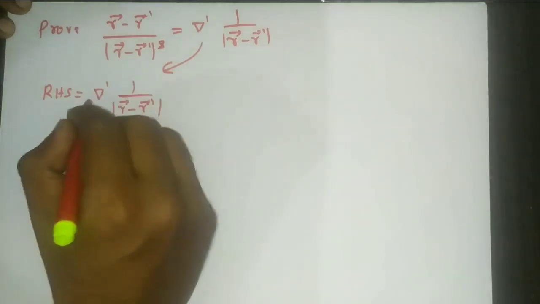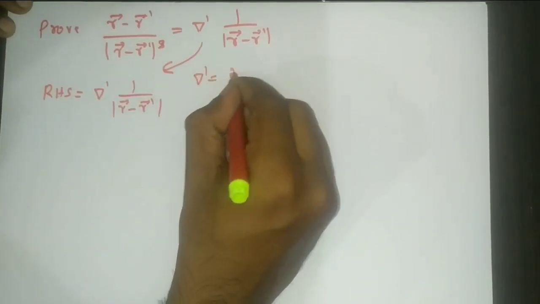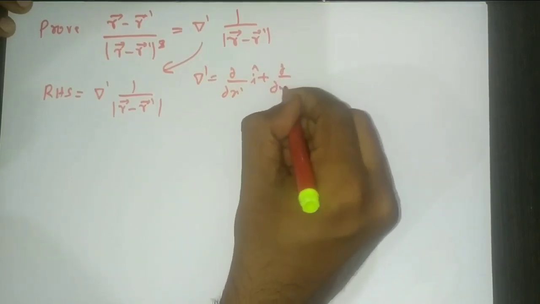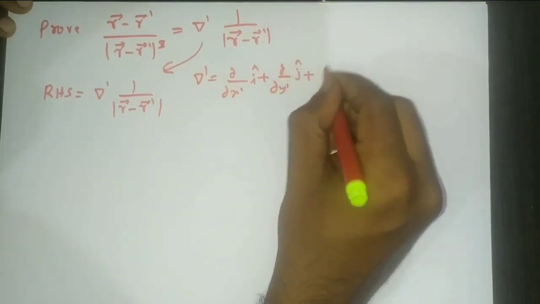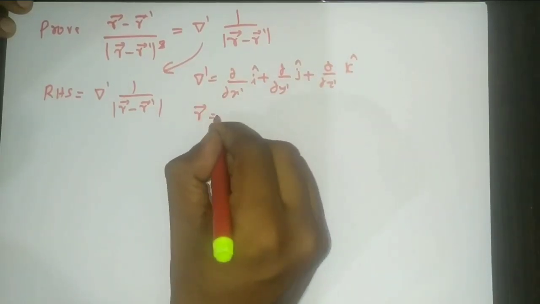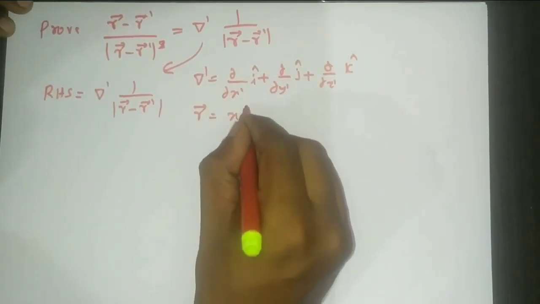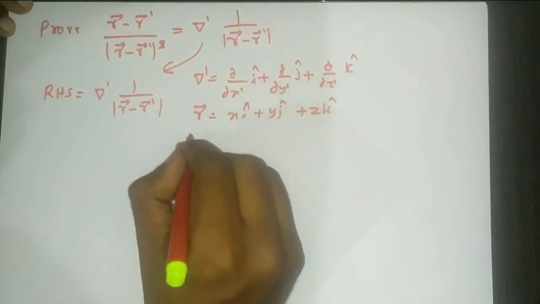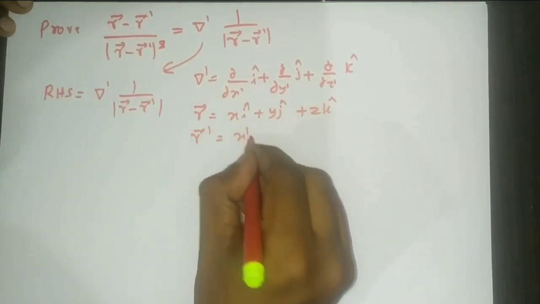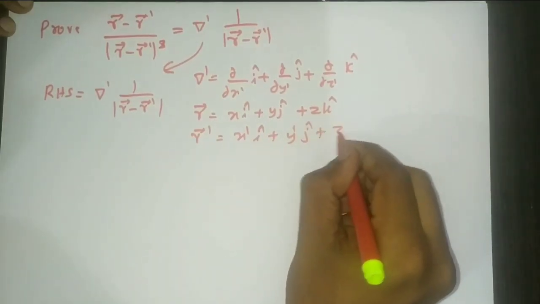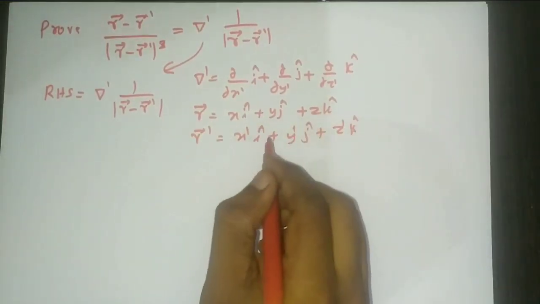Here the del prime operator can be written as dou by dou x prime i cap plus dou by dou y prime j cap plus dou by dou z prime k cap, and r can be written as x i cap plus y j cap plus z k cap. r prime can be written as x prime i cap plus y prime j cap plus z prime k cap.